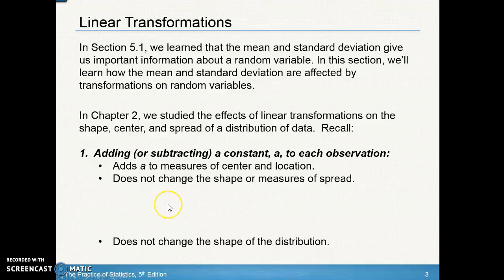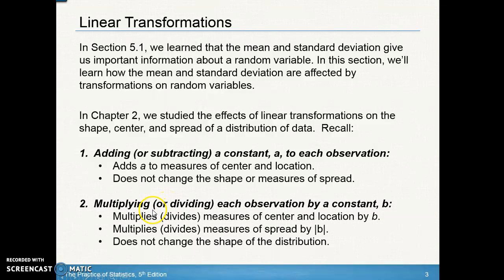When we multiplied or divided each observation by a constant, remember that it multiplies or divides the measure of center by b. So if I said, oh no, we did twice as many minutes as we needed to, and the mean was 20, I would divide that mean of 20 by 2, and that would give me a mean of 10. It also multiplies or divides the measure of spread.